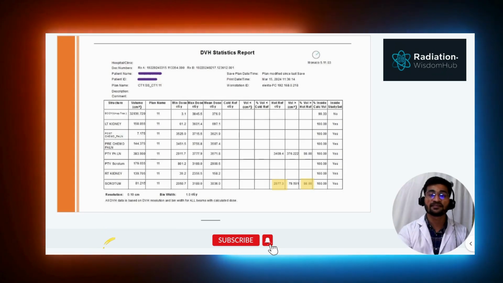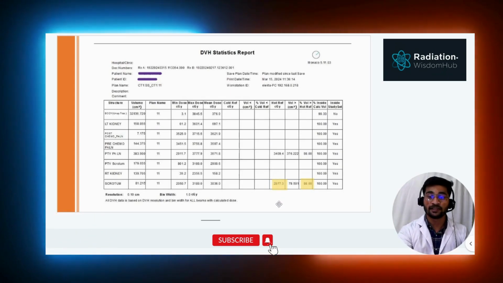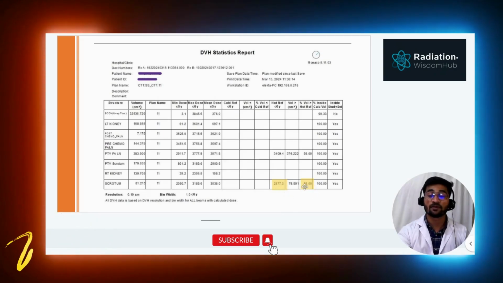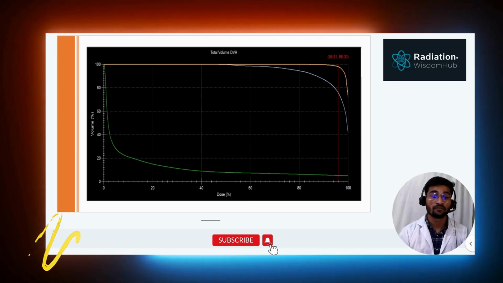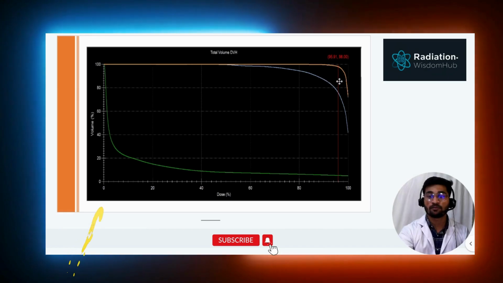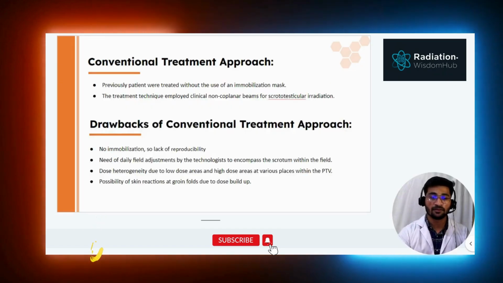So here is the DVH statistic report we can see. Out of 30 gray, the patient received 28.7, almost 98% of the dose received by the target. You can see here the 95% of dose received by 98% of the PTV.